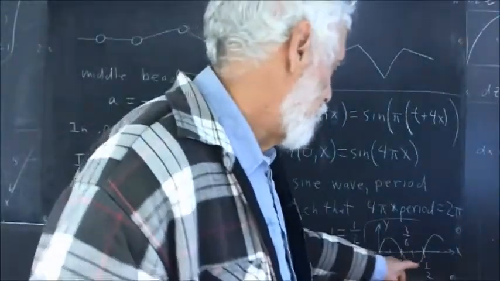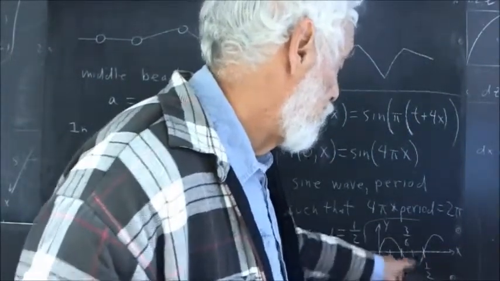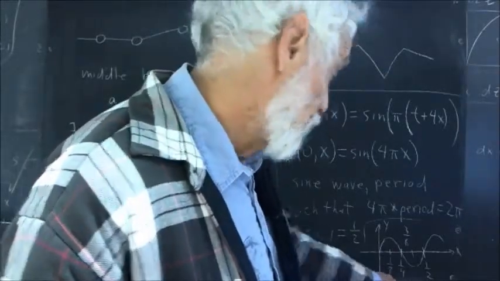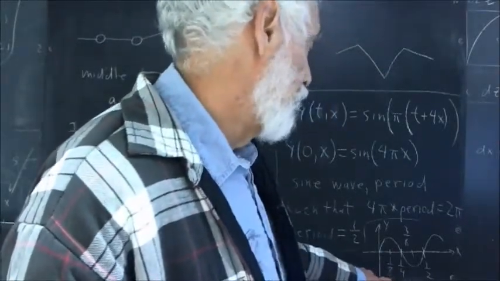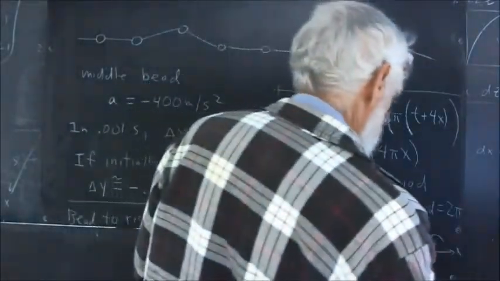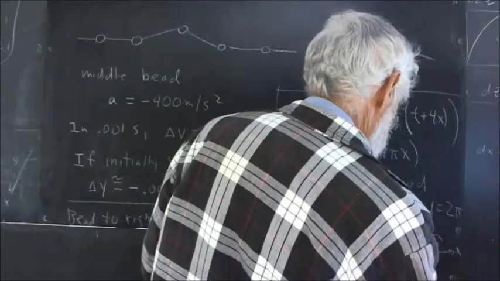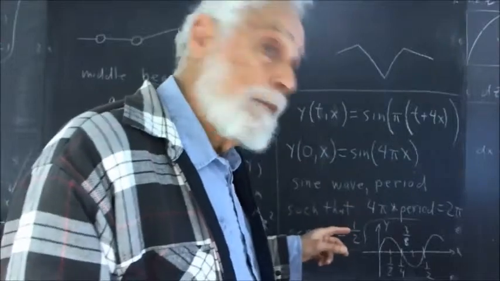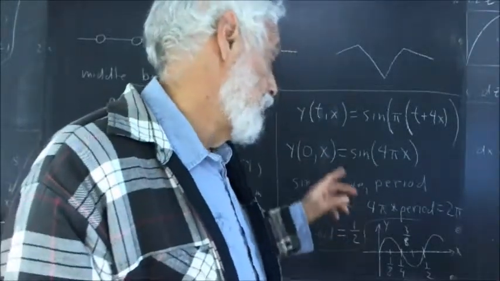We can divide this period into 4 equal parts, so that half the period is 1/4, half of that is 1/8.